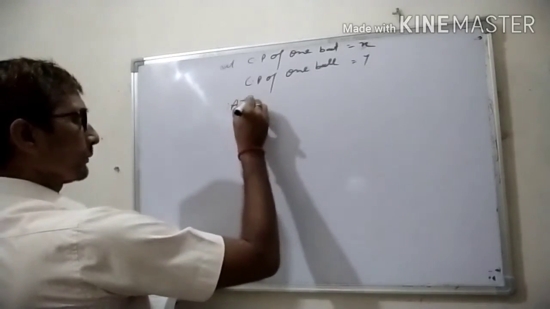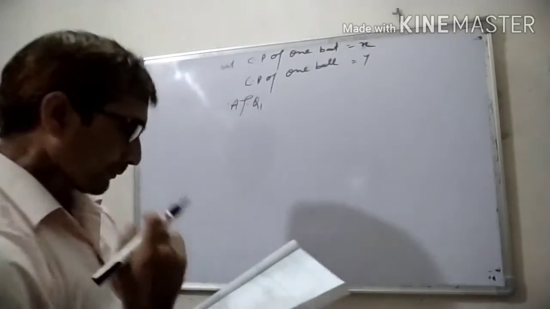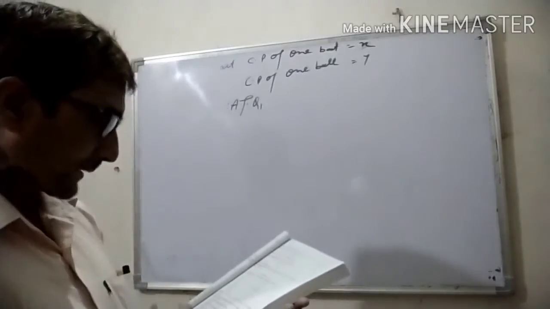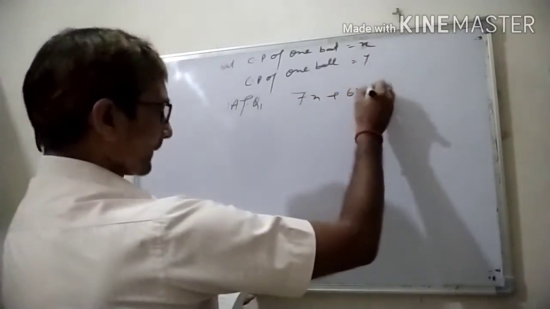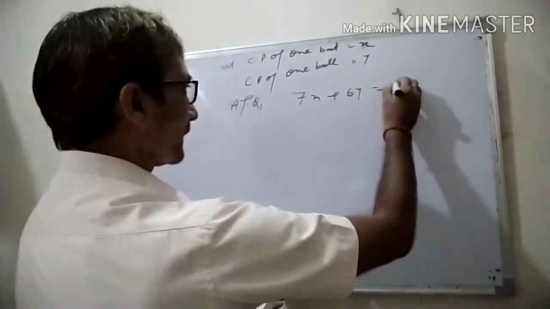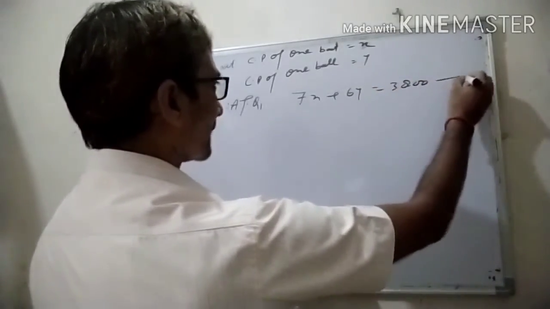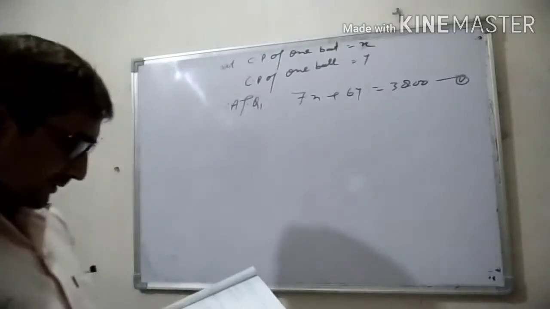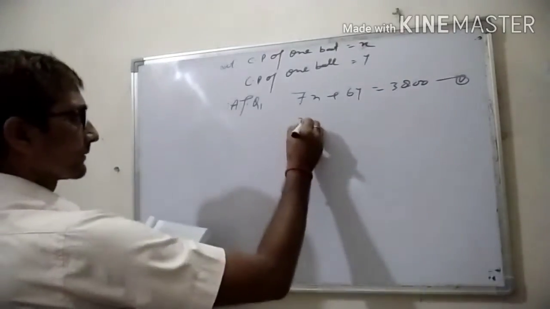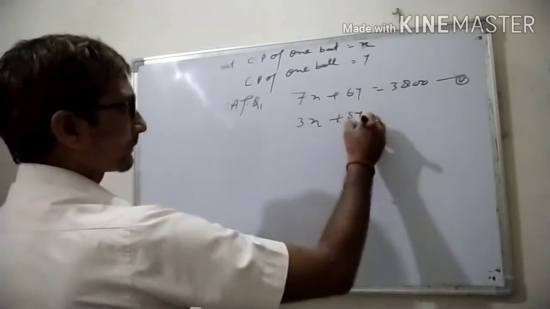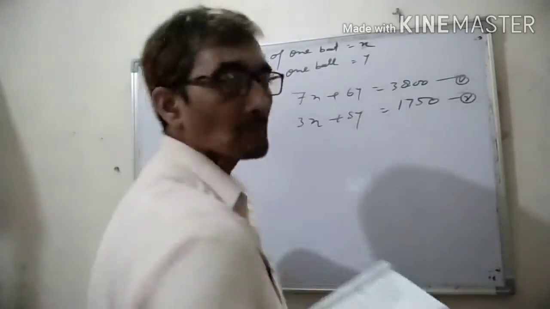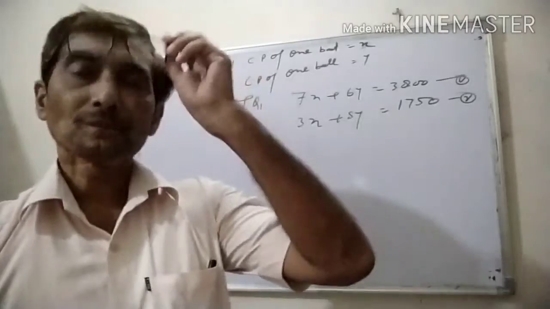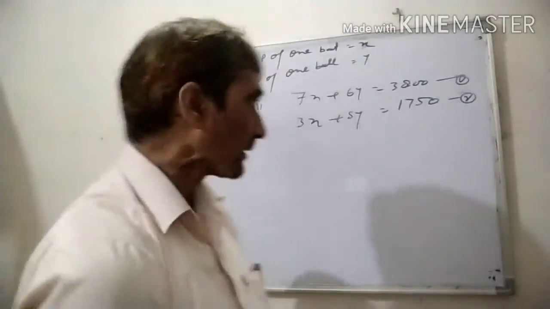Therefore ATQ 1: 7 bats, 6 balls, 7x plus 6y equal to 3800, first equation. After that 3 bats, 5 balls equal to 1750. Now solve it and find your result.